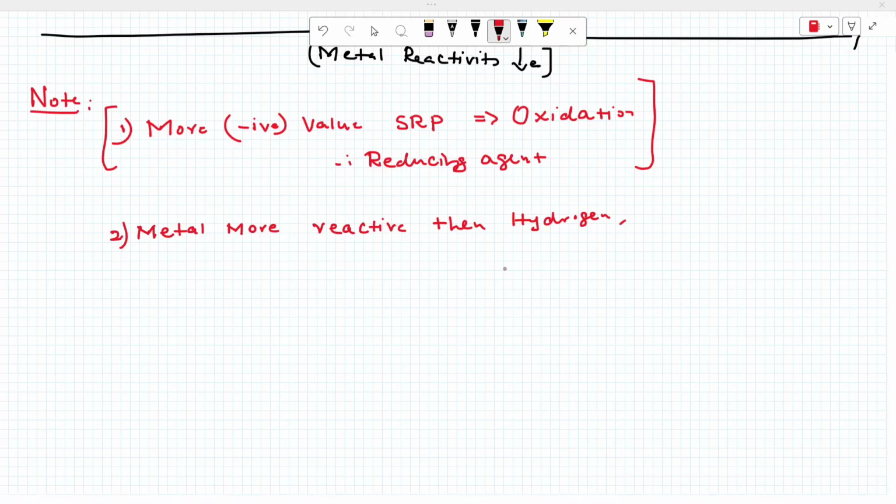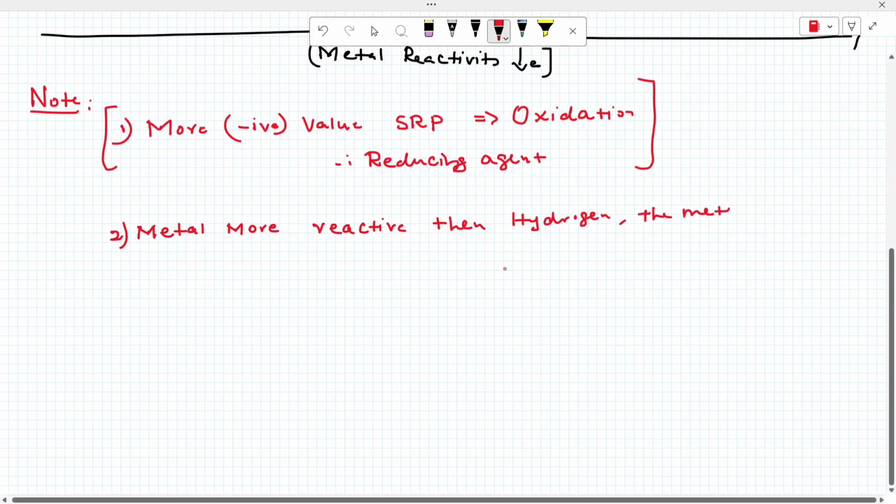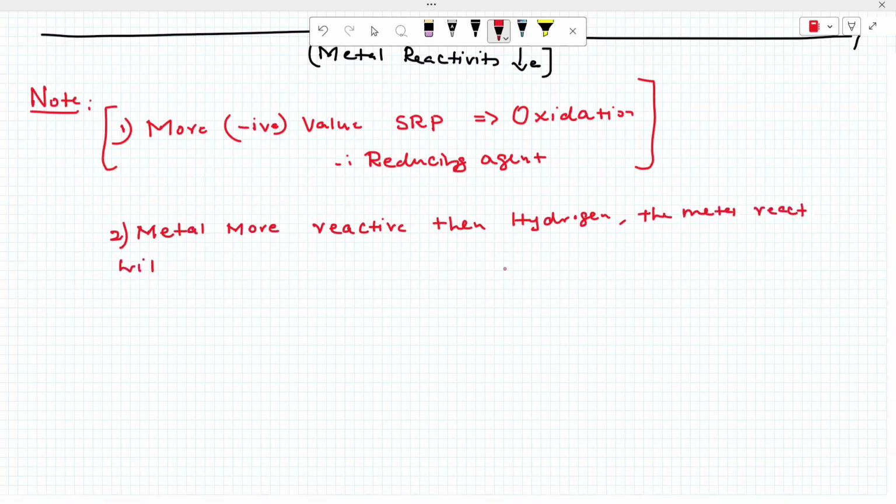The metal more reactive than hydrogen, that metal reacts with acid to liberate hydrogen gas.